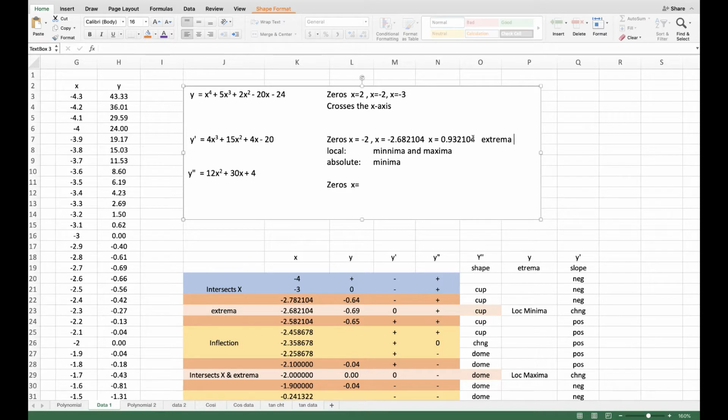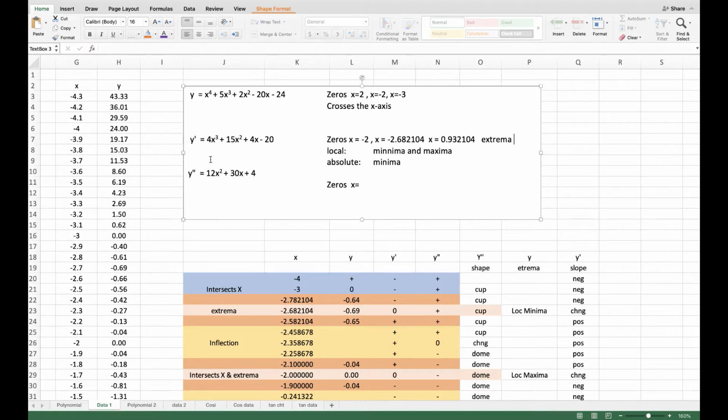That was the square root of 209. Remember, that was going to be a very complex number. Nothing is nice and easy. And we also have one at x equals 0.93. Not quite 1, but at 0.93 we have an extrema.